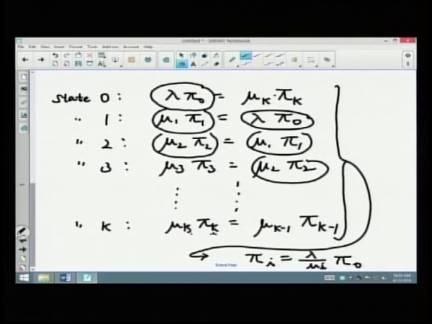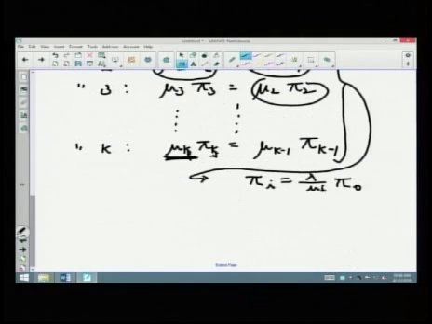So here, pi I is equal to lambda over mu I times pi 0. Is that right? So, okay, let me rewrite this. We come up with this, lambda over mu I times pi 0.